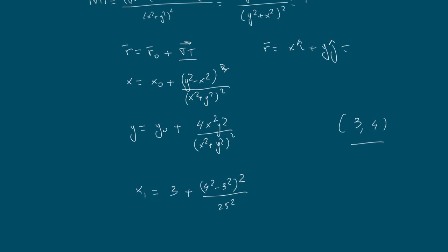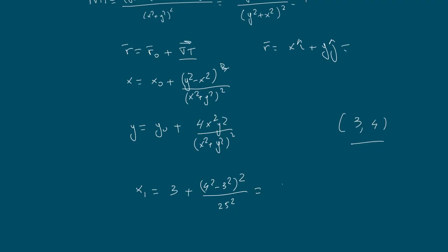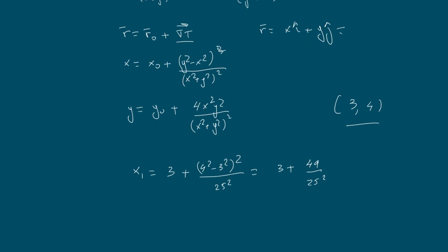So the point x1 will be 3 plus 16 minus 9, which is 7 squared, which is 49, divided by 25 squared. So I have the first point, x1.